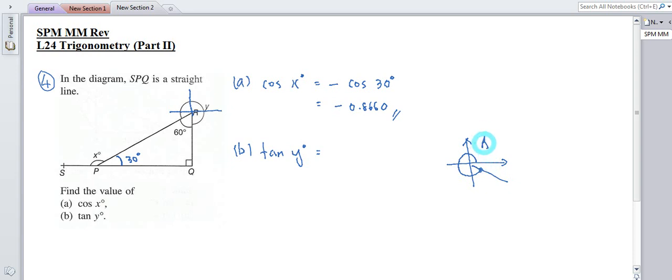So A, S, T, C. We know that tangent must be negative. Put a negative first. Okay, so the reference angle is here, 60 degree. So tangent 60 degree. Okay, so this one you just press the calculator, negative tangent 60 degree, you get negative 1.732.